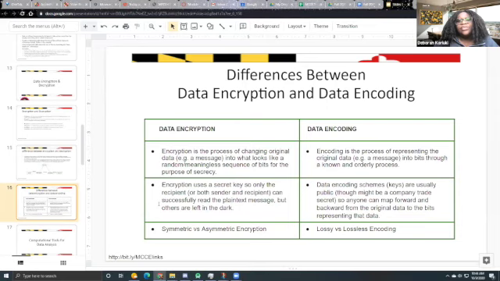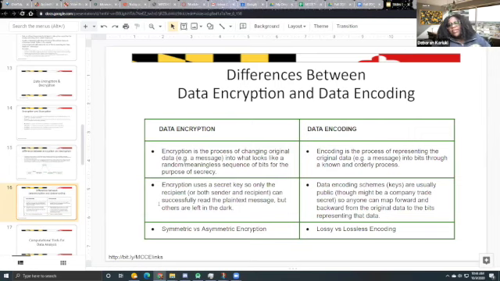With a data encoding scheme, keys are usually public, though they may be a company trade secret. So anyone can map forward and backward between the original data and the bits representation of that data. So symmetric versus asymmetric encryption, while in data encoding you have lossy and lossless encoding.